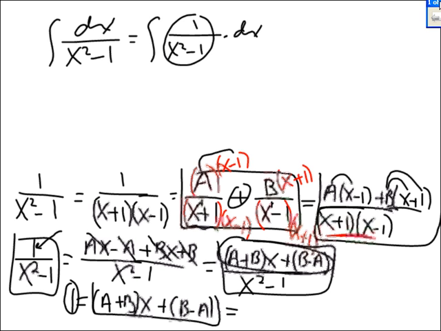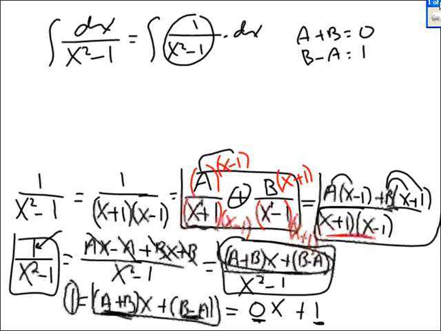But 1 is 0 x's plus 1. That is, a plus b must equal 0, and b minus a must be 1. The number of x's must be 0, and the constant must be 1.